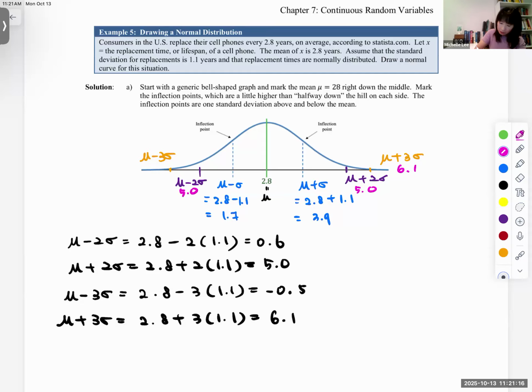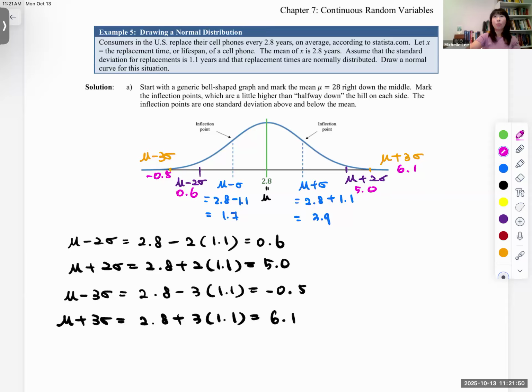Sorry, negative 0.6 then. Yeah, 0.6, I copied it wrong. So there's a negative 0.5, 0.6, 1.7, and 2.8, 3.9, 5.0, 6.1, right?